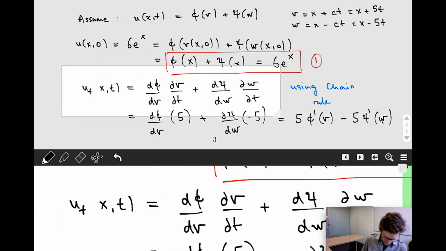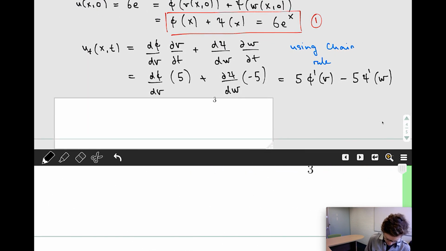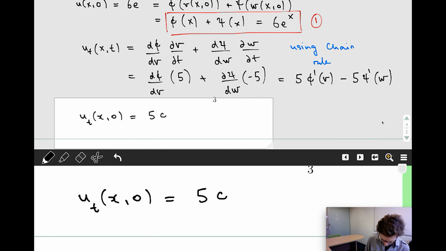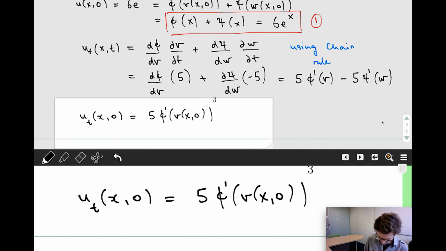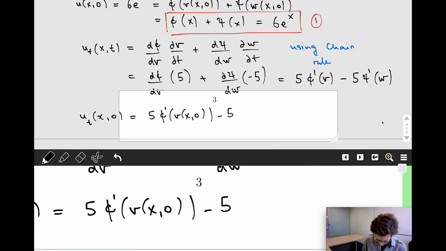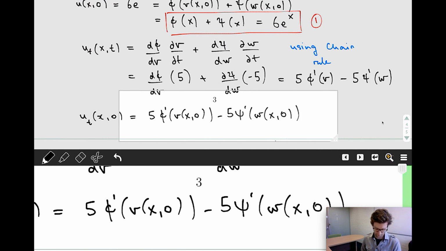Okay, so now I'm ready to evaluate the partial derivative of u when t is equal to 0. So it's going to be given by 5 times phi prime of v, where v depends upon x and t, and I'm looking at t is equal to 0, minus 5 times psi prime of w, where w depends upon x and t is equal to 0.